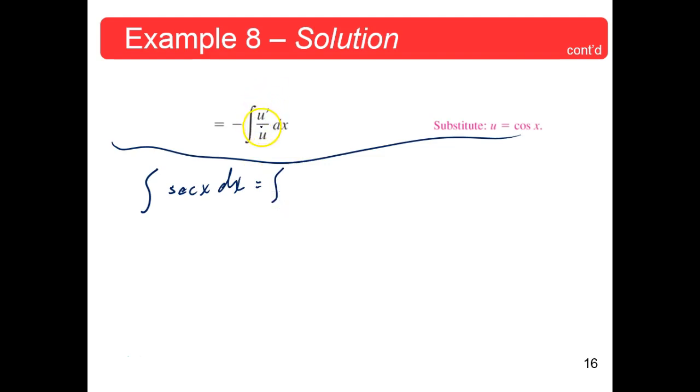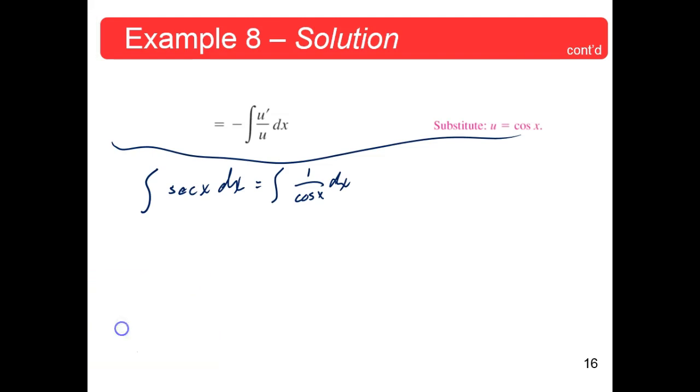What is secant x? That's 1 over cosine x dx. Okay? And what might you want to do with that? Well, that actually is not going to get you anywhere. Okay?